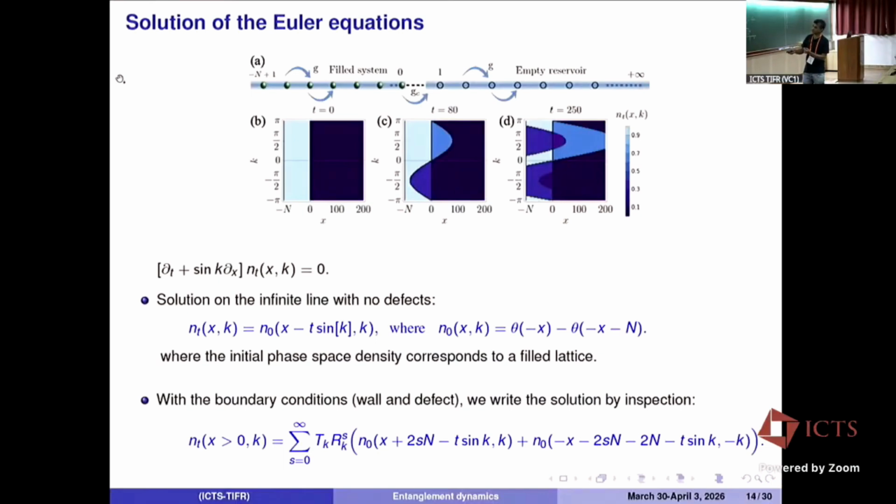This is the phase space density inside the reservoir, and S is the number of times it reflects back and forth, and then it transmits. But it can only transmit once because there's nothing to get reflected. So that's how you get this factor, and otherwise we just sum up all the possibilities. That's how you get this solution.